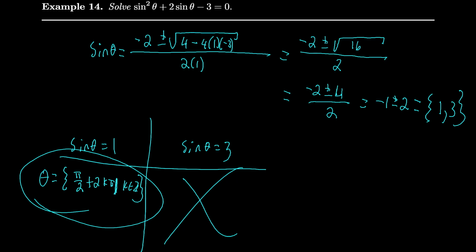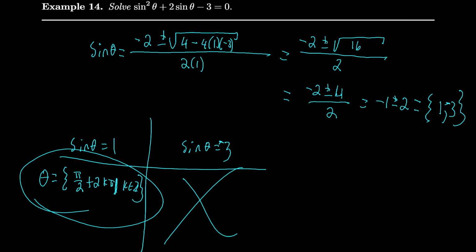And yes, by the way, you could have factored this as sine theta minus 1 times sine theta plus 3 if you wanted to. This is a minus 3 over here. It changes exactly nothing, in case you're wondering. It could still never be negative 3.